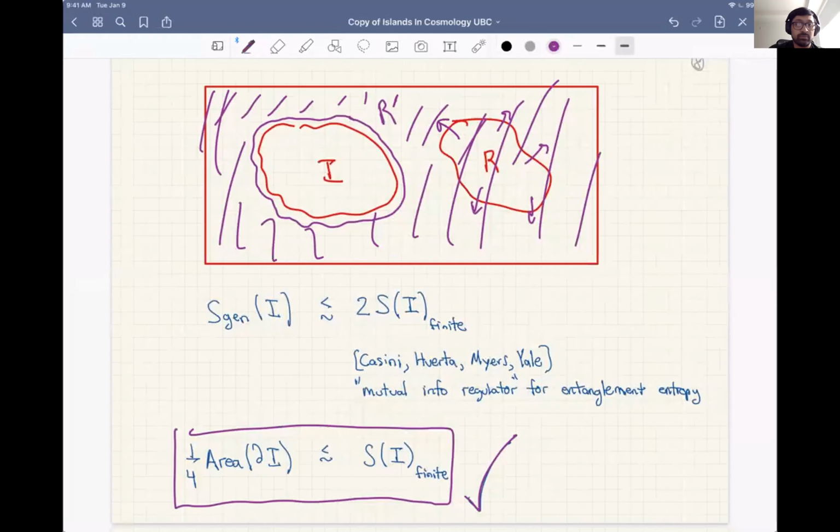I think the answer is that no, the formulas are the same. There are situations where the infrared divergence makes this always satisfied. So if the thing on the right hand side is infinite, say your region I is a semi-infinite region in 1+1 dimensions, then this inequality is not very useful. It's just always satisfied, but it still holds in that case. I see. Thanks. Are there other questions?